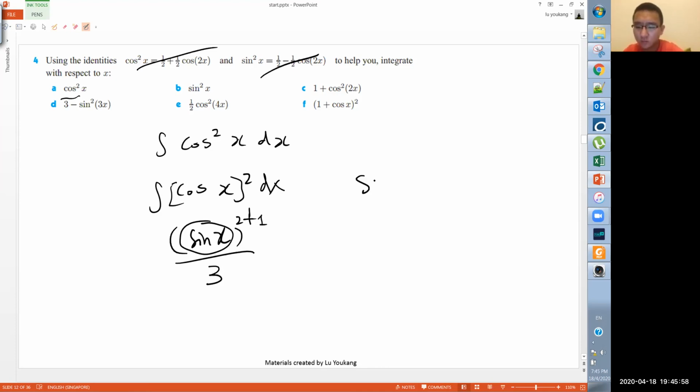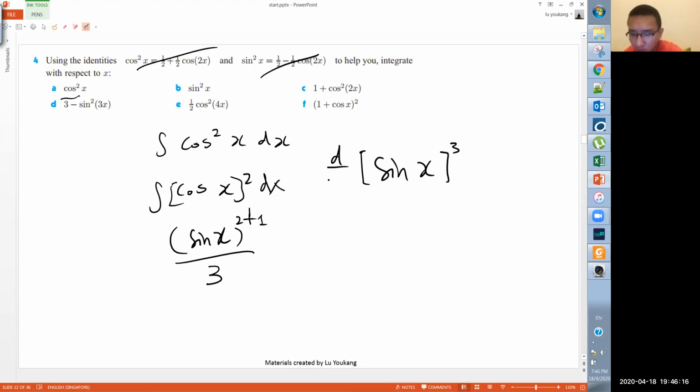Let me just do it normally: sine x to the power 3.